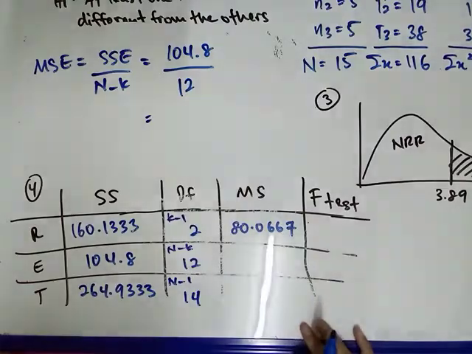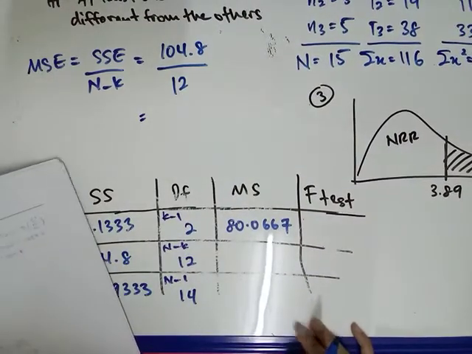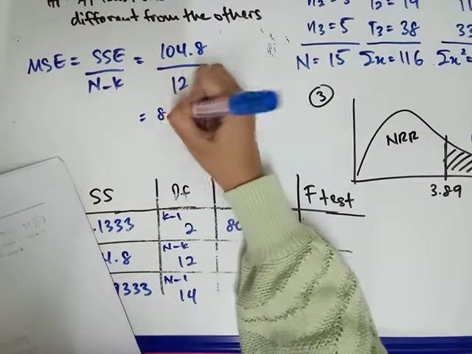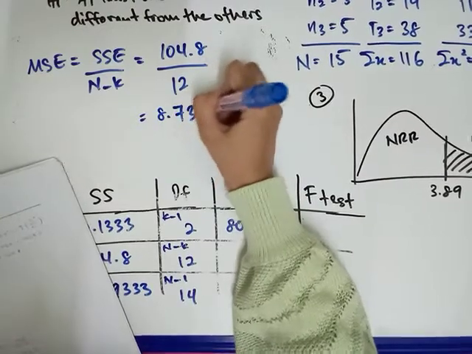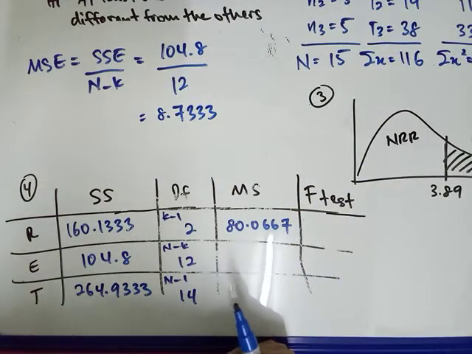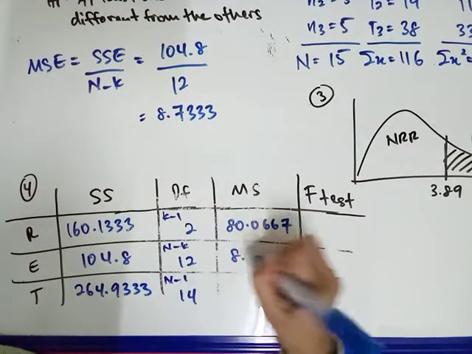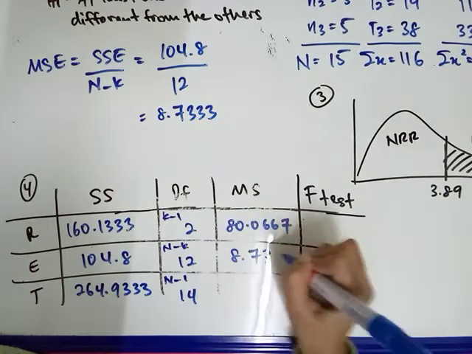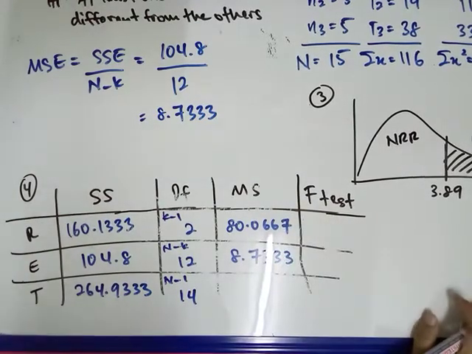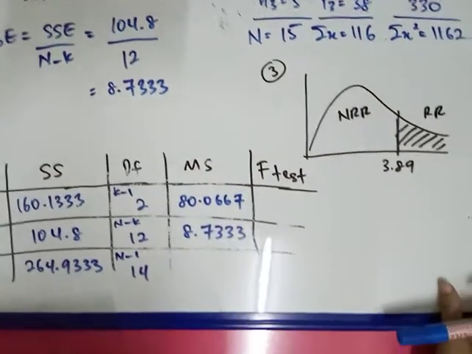And then calculate, the answer is 8.7333. Okay, so this is for MSE. Okay, letak dalam table 8.7333. Okay, boleh nampak dah.